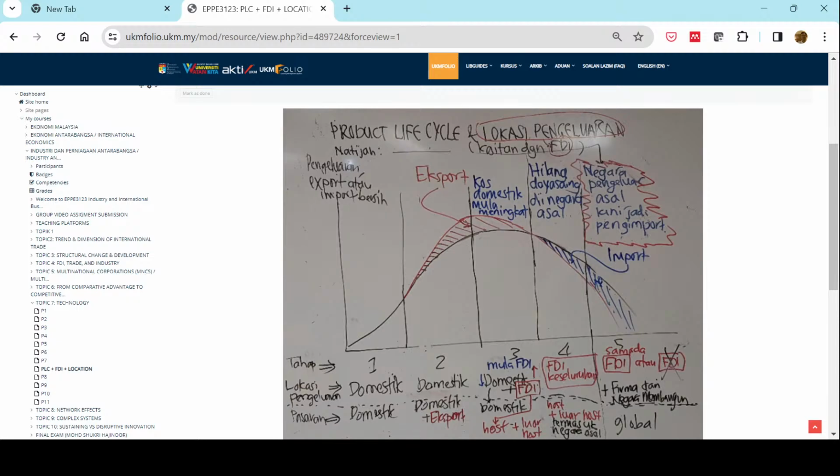So here in the third stage, the cost of production in the home country began to increase.